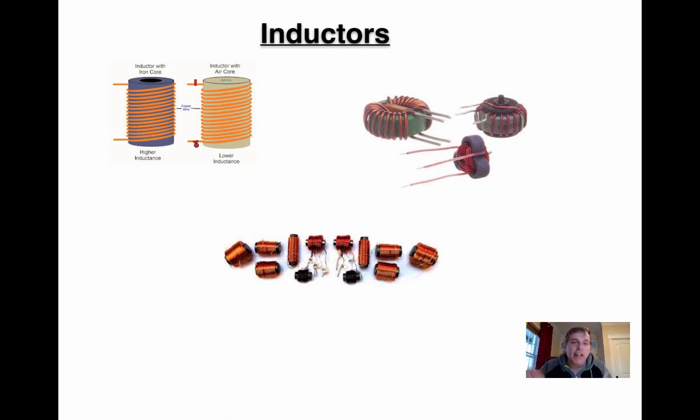So it will resist a little bit, but not much. But if you try to change the current very quickly, the inductor will work against that, and a big voltage will appear. So the inductor works against the change of current. We'll see the equations in a minute.